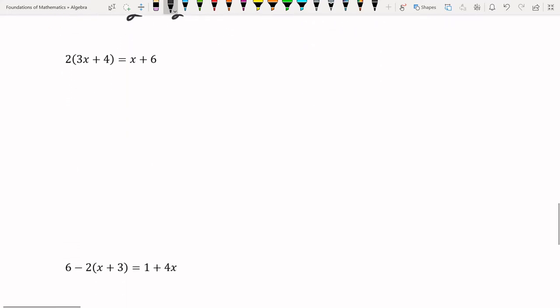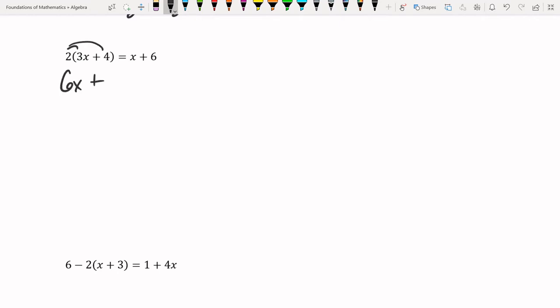All right, for this problem, let's distribute. You get 6x, 2 times 3 is 6, 2 times 4 is 8. And now you see I have variables on either side of the equation. Let's move it to one side. You can do it however you want. I typically like to have my variables on the right-hand side, but I also like to have my variable terms positive.